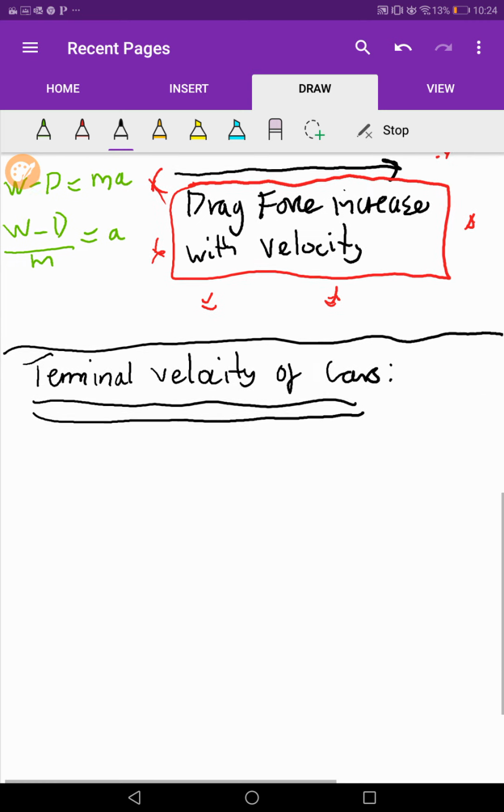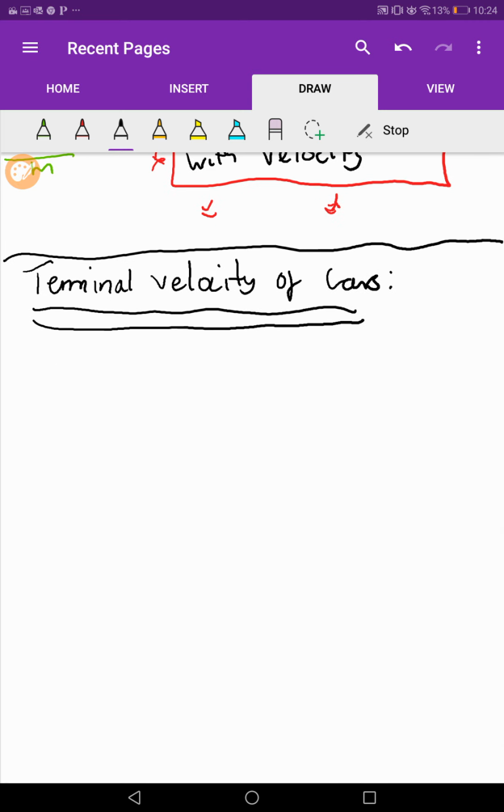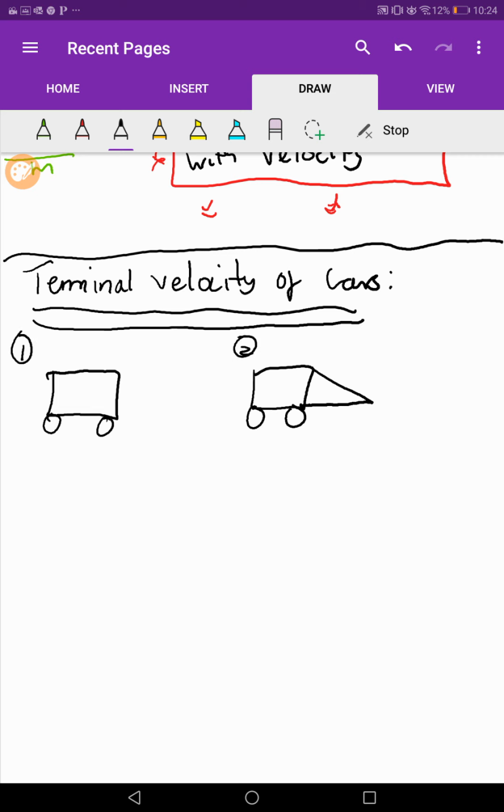Let's be very clear about this. Let's have engines as our control variable. We've got two cars, right? Here you go. That's one car. And you've got another car here. So car 1 and car 2, same engine, so same thrust. Which one is going to have the higher terminal velocity?